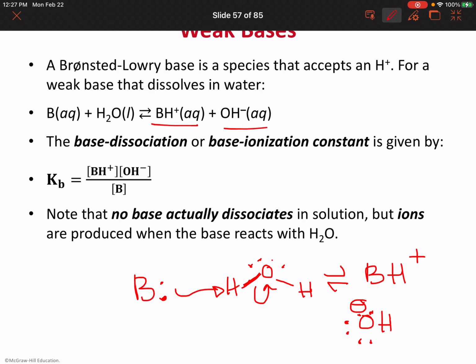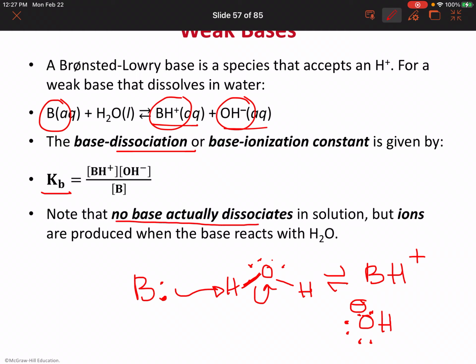Okay. So we can write the base dissociation equation. The base dissociation or base ionization constant is given by, instead of Ka, we say it's Kb. We have BH plus times OH minus over B. Note that no base actually dissociates in solution, but ions are produced when the base reacts with water.